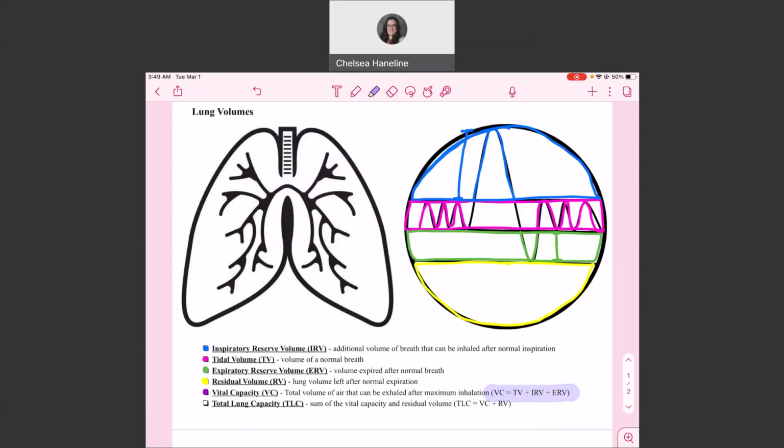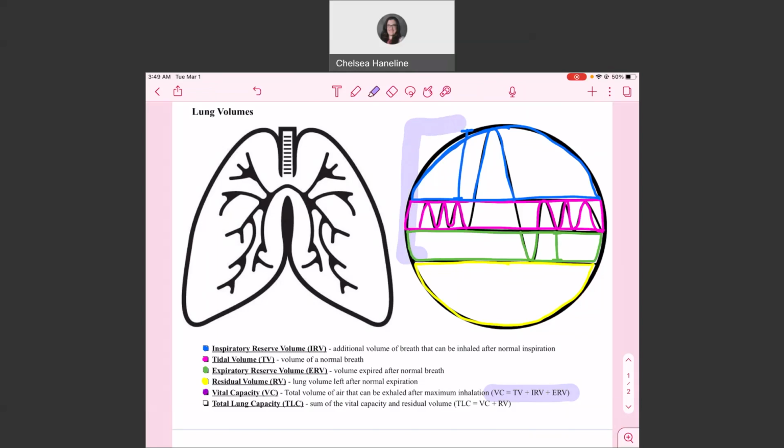So basically it's these here, and the only thing that's not included is the residual volume. That is all of the air if you breathe in as deep as you can and breathe out as much as you can.